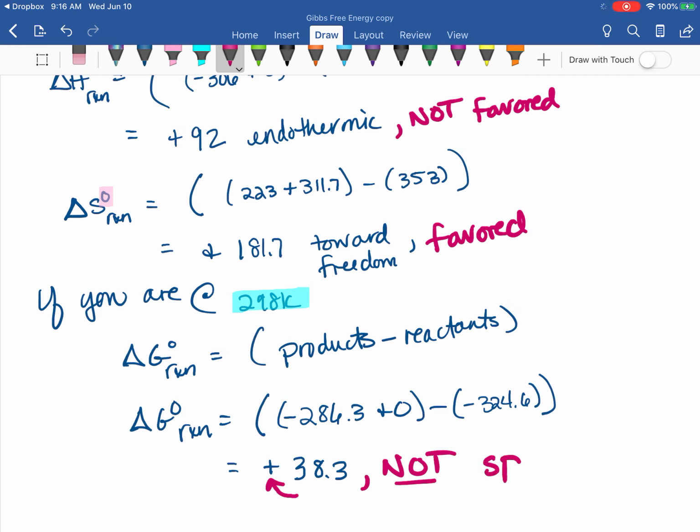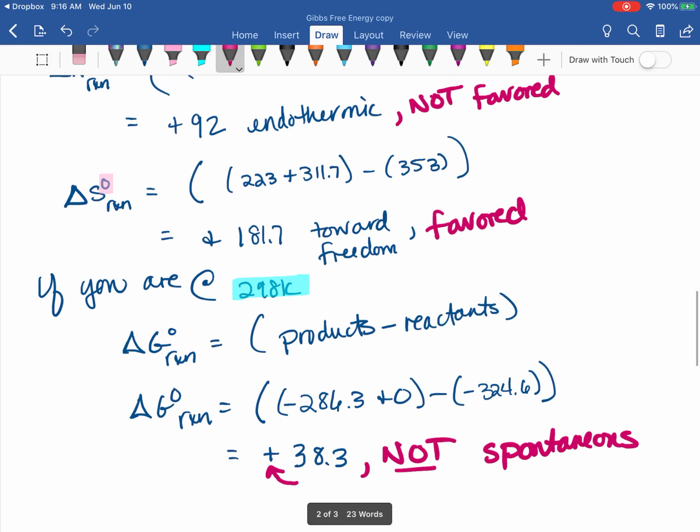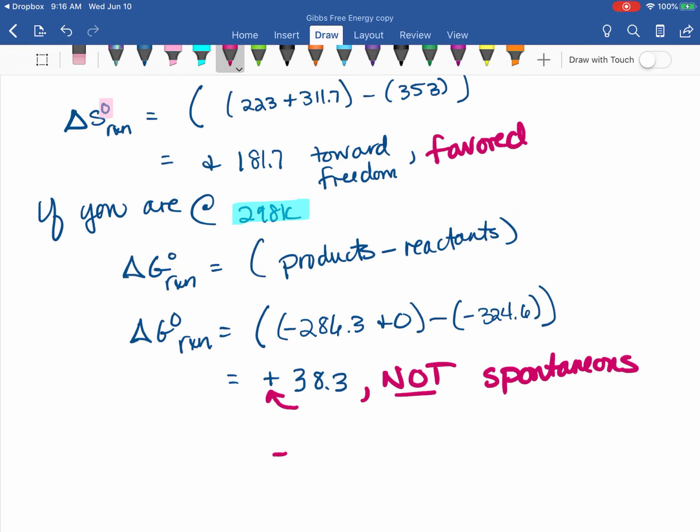This is not spontaneous. If this number were negative, our reaction would be spontaneous. Remember, our Gibbs free energy is energy. So if you're releasing more energy into the universe, that is what's making that spontaneous. So if you do a calculation and you are getting to a negative, your reaction is spontaneous.